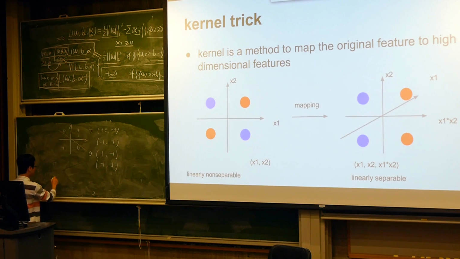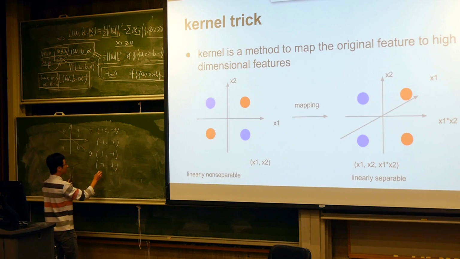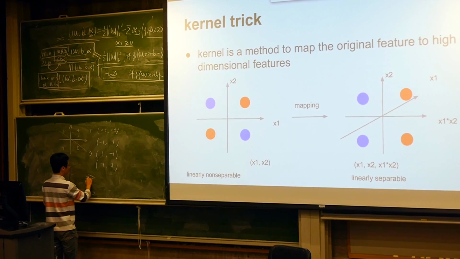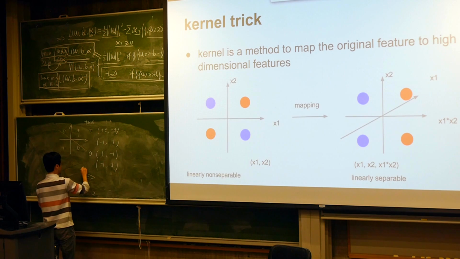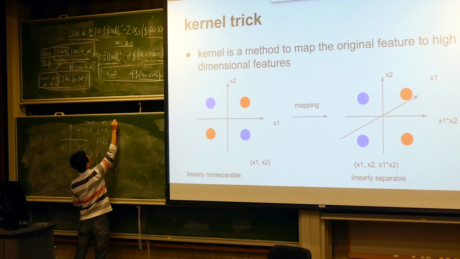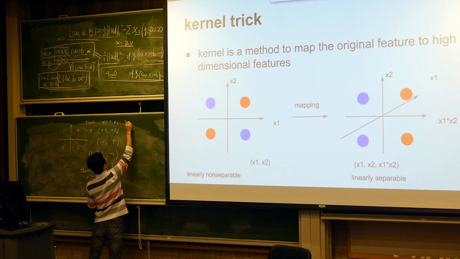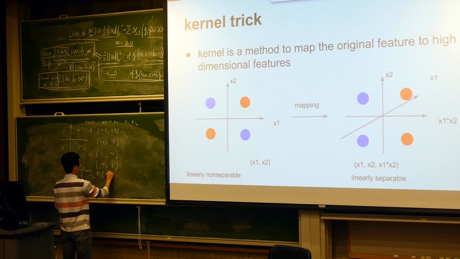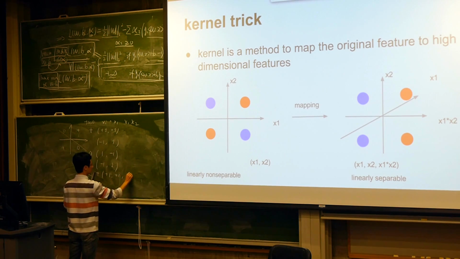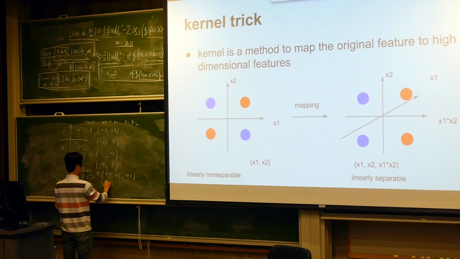But we can turn it into a three-dimensional case. Suppose this is x1, x2, and we put x1 times x2 here. So for the plus, we have plus 1, and for the circle, we have negative 1.